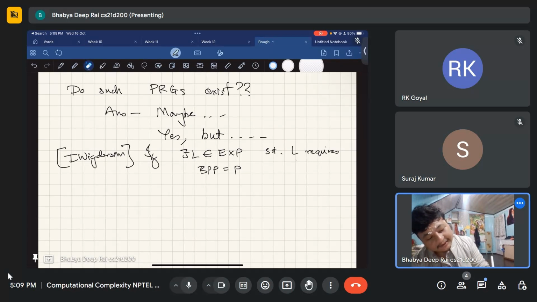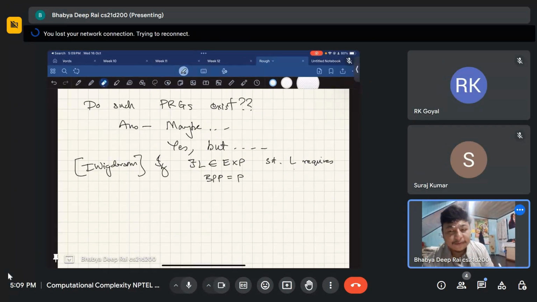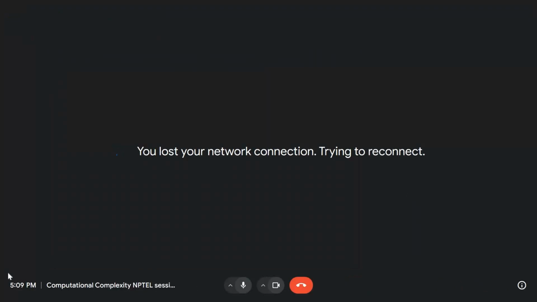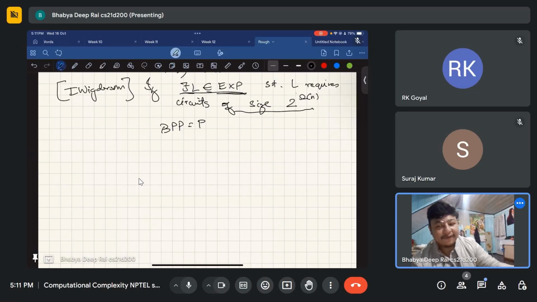of size 2 to the, oh my god, oops, okay. So if there exist very hard functions that require very large circuits, then BPP equals P. That is what it says essentially.